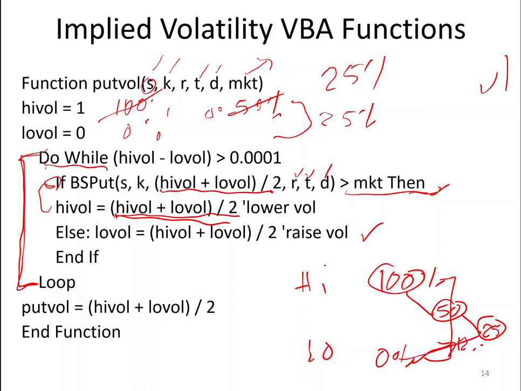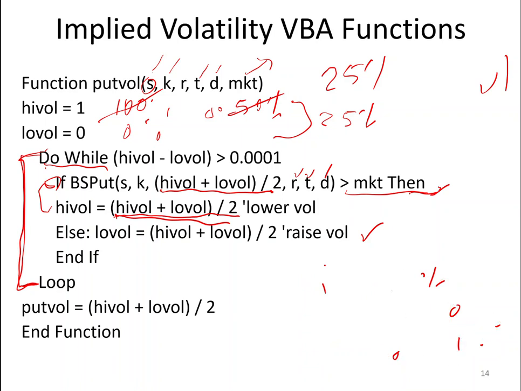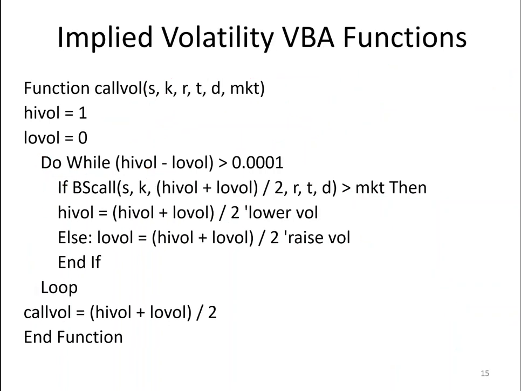So it's going to zero in on a vol by continuing to value the option and comparing it to the market price. So that's kind of an ingenious type program. And the do while says keep doing this until the difference between high and low vol converge. So that is the put vol function. Call vol is exactly the same, except it's using BS call.